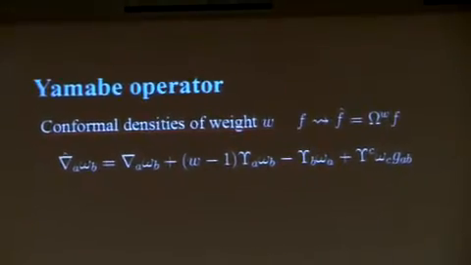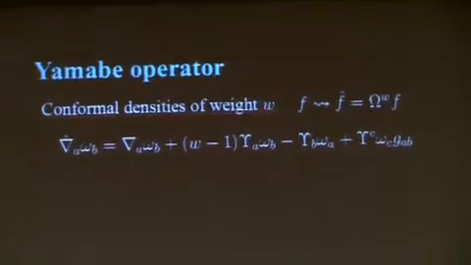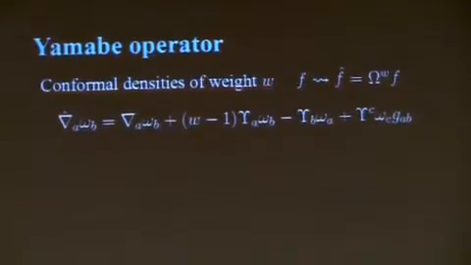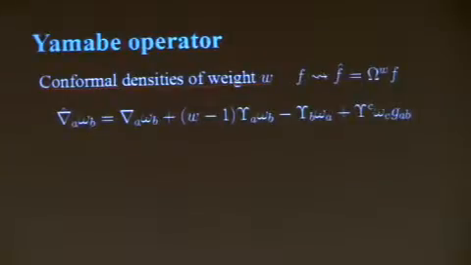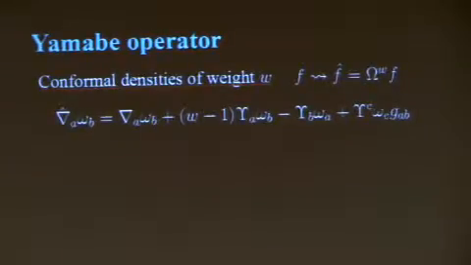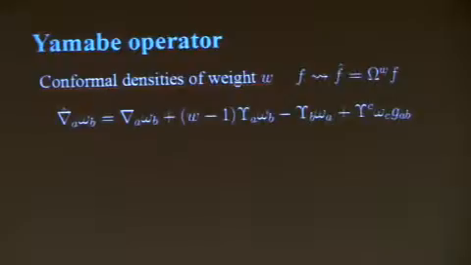This is how the connection changes when you apply it to not just a regular one form, but a one form with a weight. When you set all this up precisely, you have to talk about these things as being one forms tensored with a particular line bundle. Anyway, this is the formula.